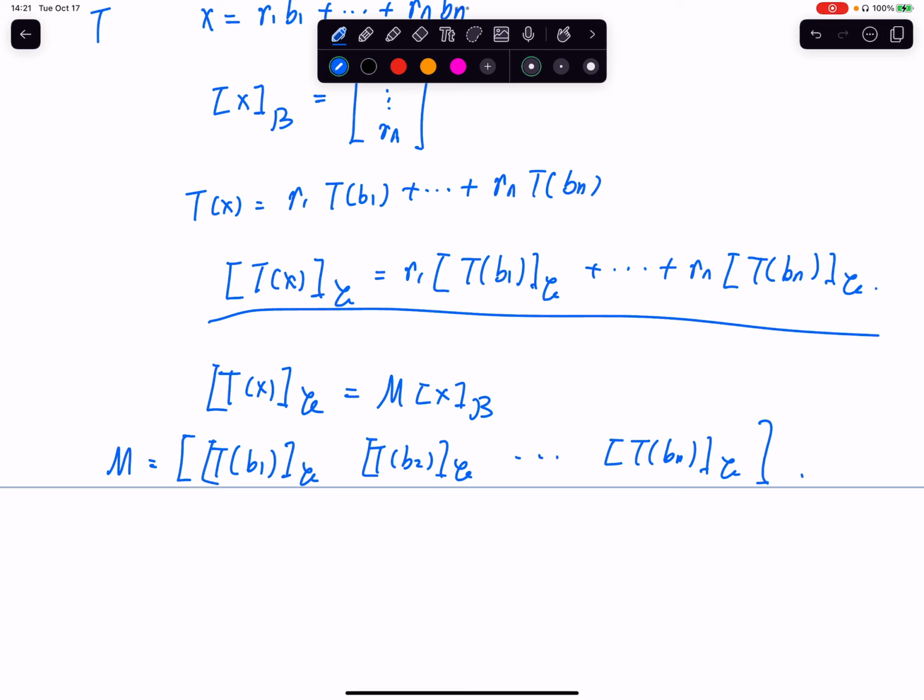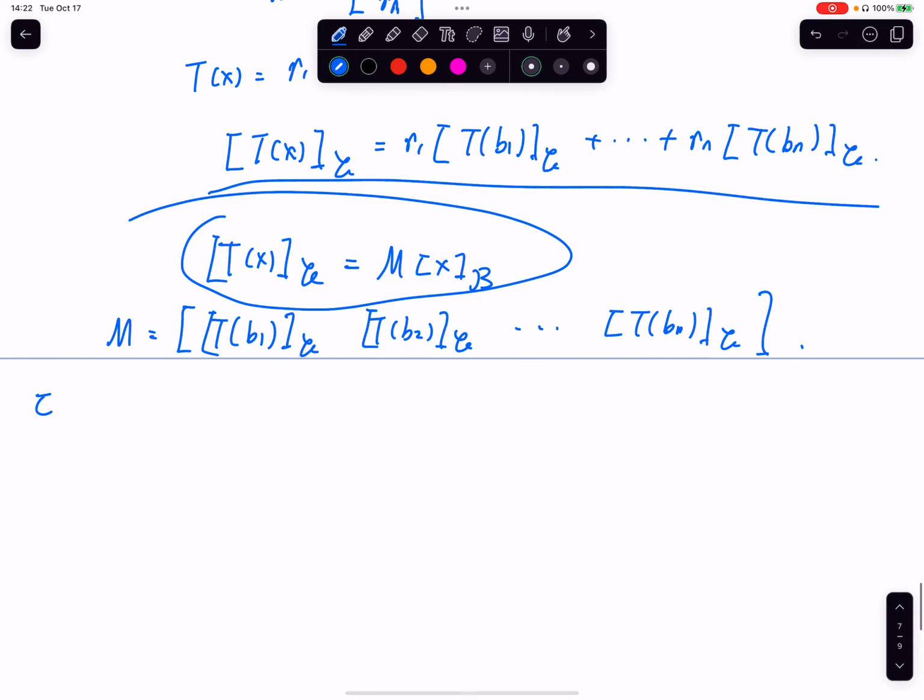This matrix M is a matrix representation of our linear transformation T, and it is called the matrix for T relative to the bases B and C. Moreover, this equation shows that as far as coordinate vectors are concerned, the action of T on x may be viewed as left multiplication by the corresponding matrix M. So let us do an exercise.